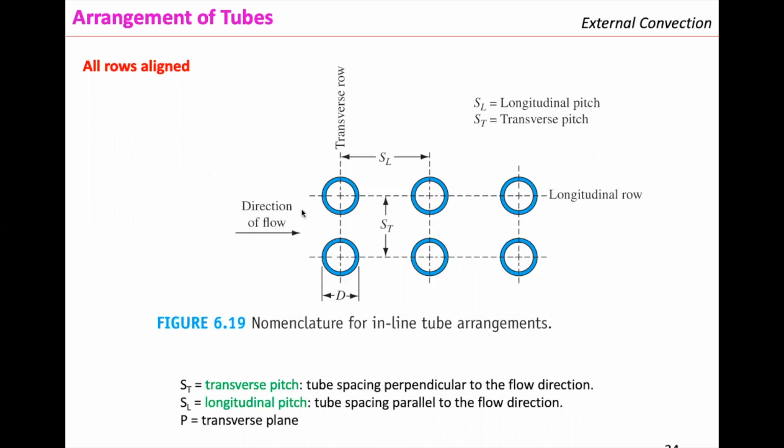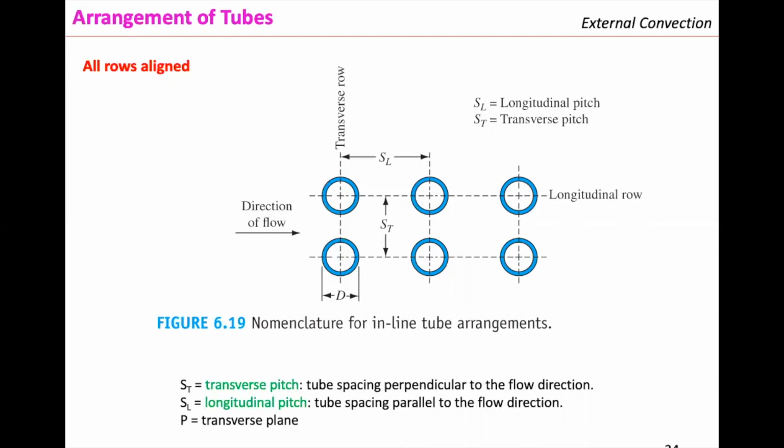Your figure is showing the direction of the flow and some nomenclature, ST and SL. ST is the transverse pitch, the tube spacing perpendicular to the flow direction. SL is the longitudinal pitch, the tube spacing parallel to the flow direction.